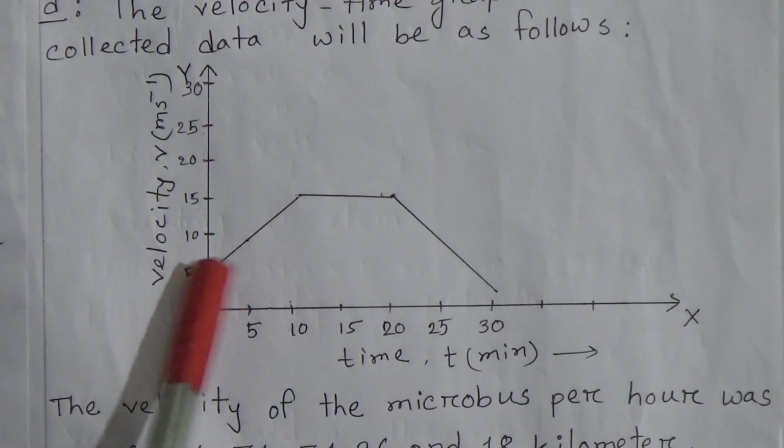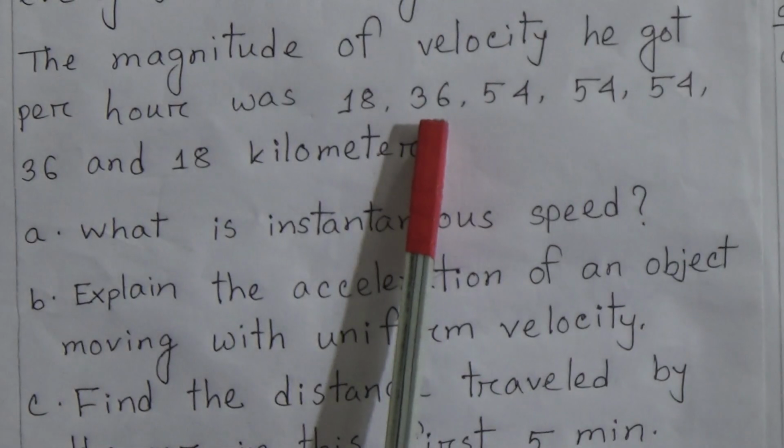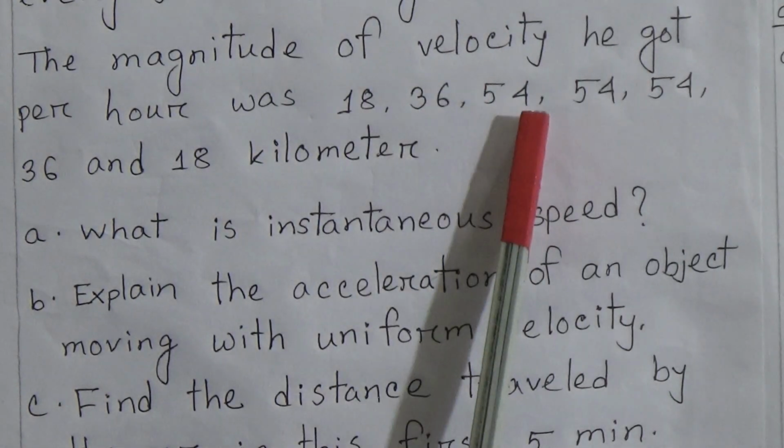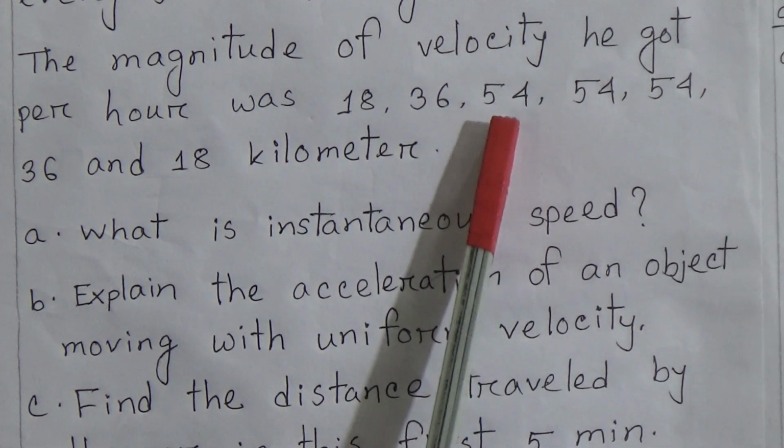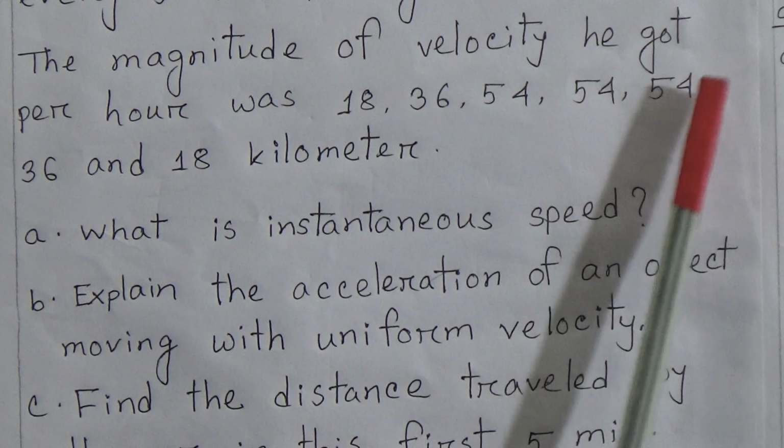At first, after 5 minutes the velocity will be 18 kilometer per hour, after 10 minutes 36, after 15 minutes the velocity will be 54, then again 54, again 54.